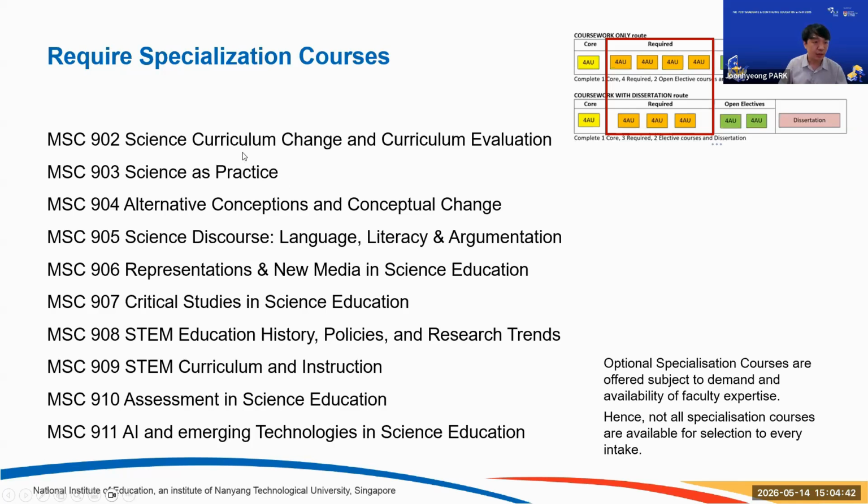They include curriculum changes and evaluation, science as practice, alternative concept and conceptual change, science discourse, representation, critical studies, STEM education and research trend, STEM curriculum and instruction, assessment, and AI and emerging technologies in science education. The last course was first developed and offered last year, and if you join this program next year, you would be the third cohort to take this course.